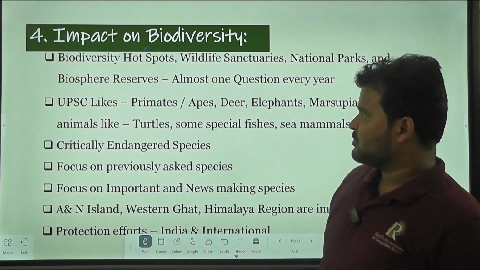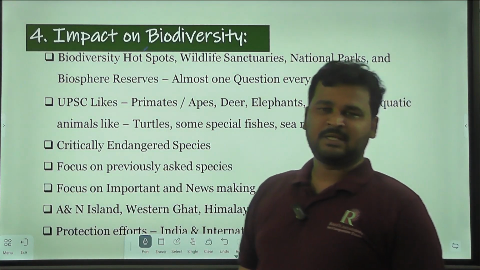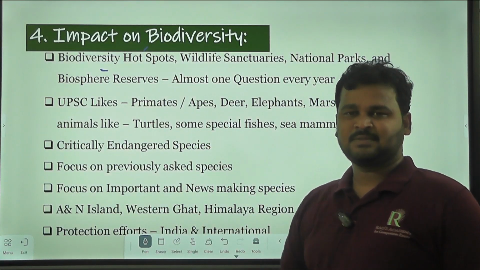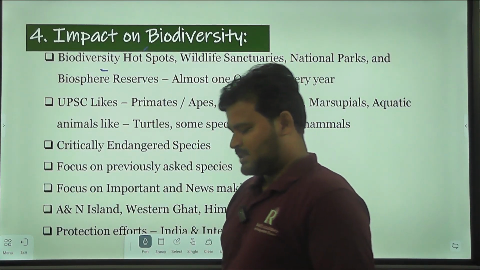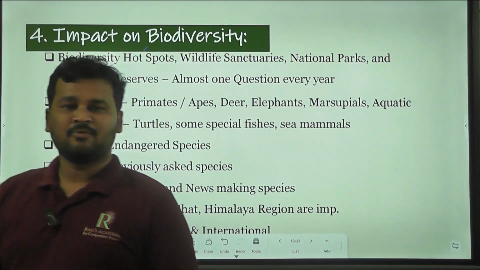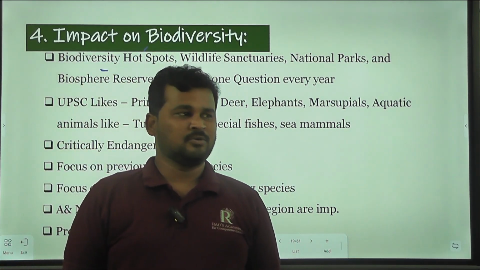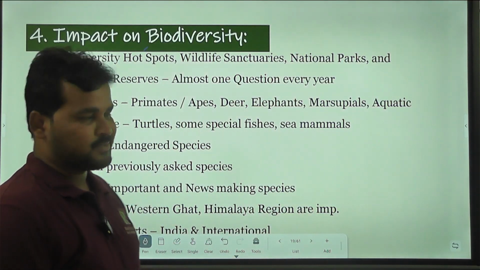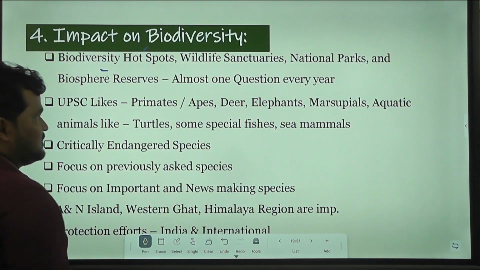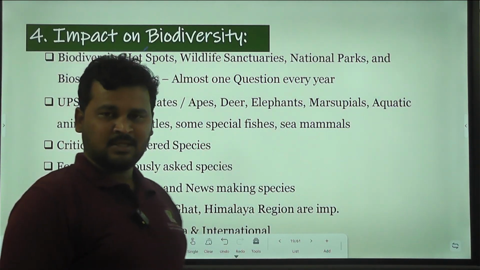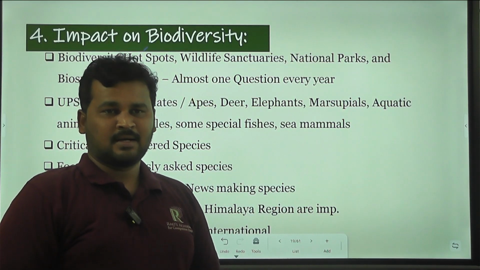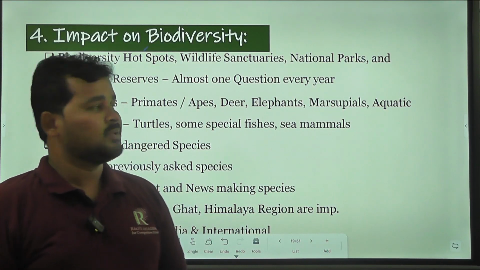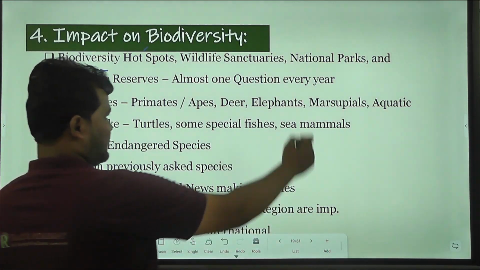Related to the impact on biodiversity, we have to know about biodiversity hotspots. We know that in India, the Western Ghats is one of the important biodiversity hotspots. We have to know those hotspots and wildlife sanctuaries. In India, we have wildlife sanctuaries at various places like Panna Wildlife Sanctuary and Sundarbans Wildlife Sanctuary. We also have to know about national parks.